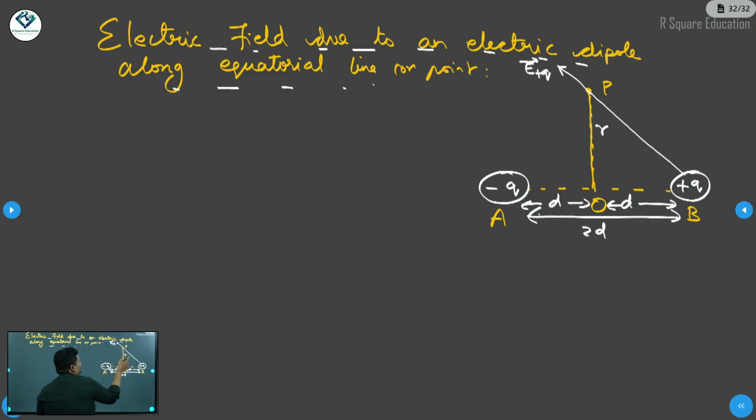This is the electric field due to the positive charge, which moves outwards, because according to the properties of lines of force, the electric lines of force always move outwards from a positive charge. And for the negative charge, I am going to draw a line here where the electric field is going to move towards this charge.